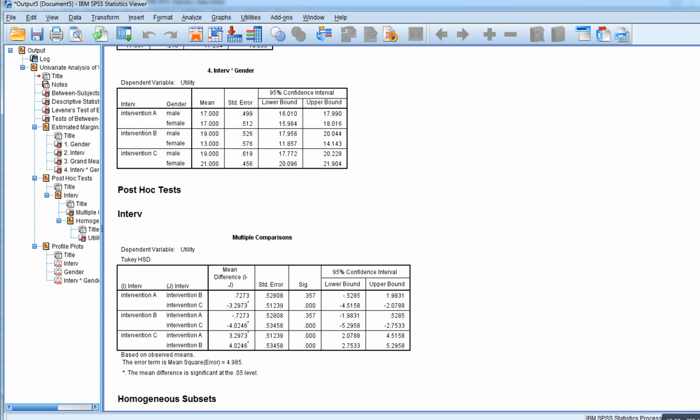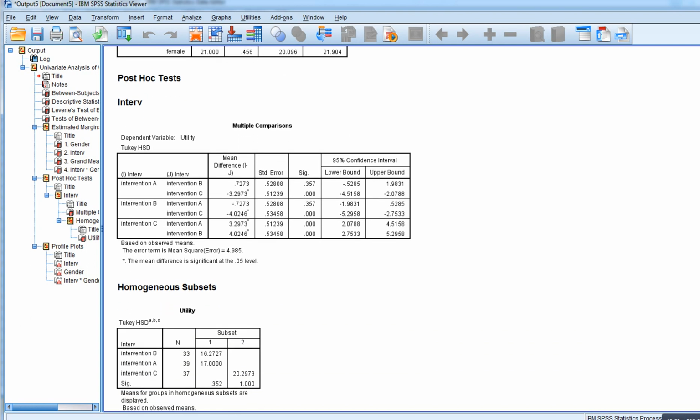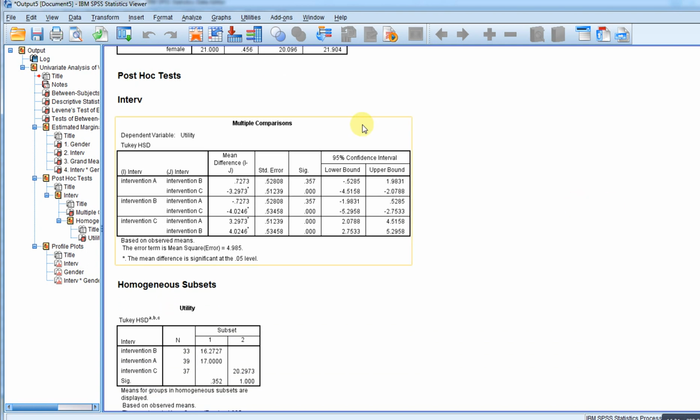So when we scroll down and look at the post hoc test, you can see right here that we had two key post hoc tests. We were comparing the intervention. So you got I and J columns right here. What's printed out in this column right here are just the mean differences.